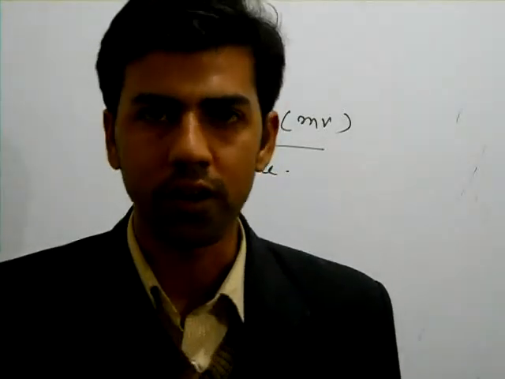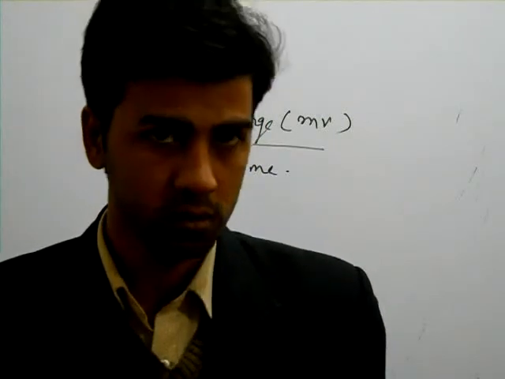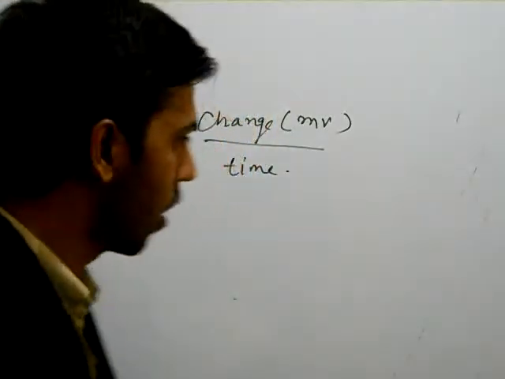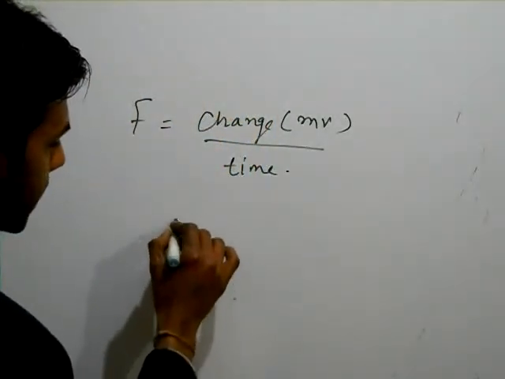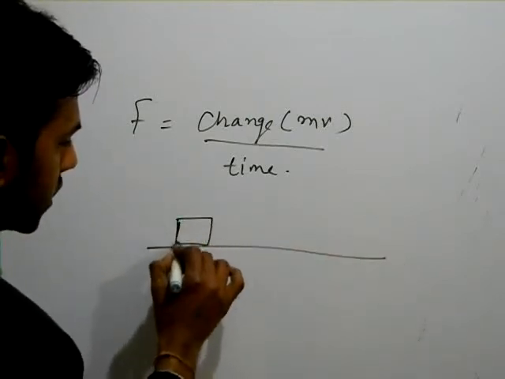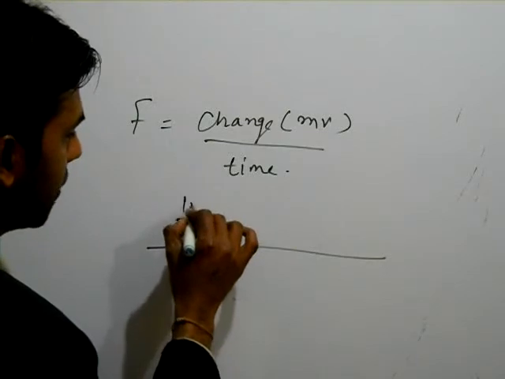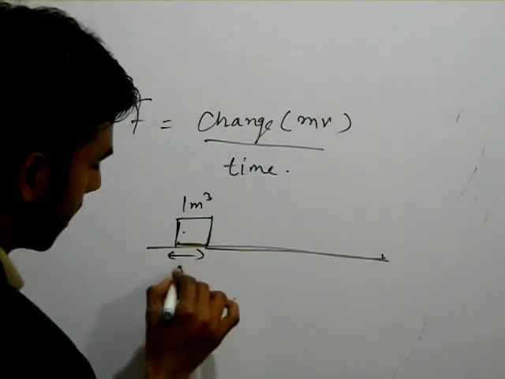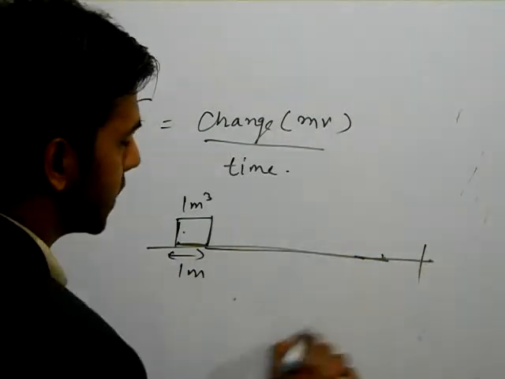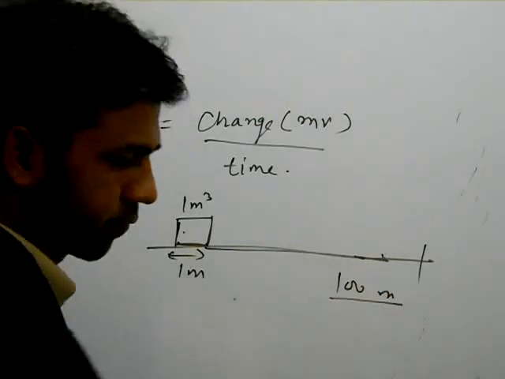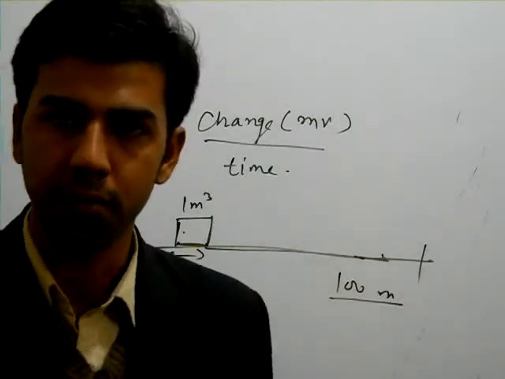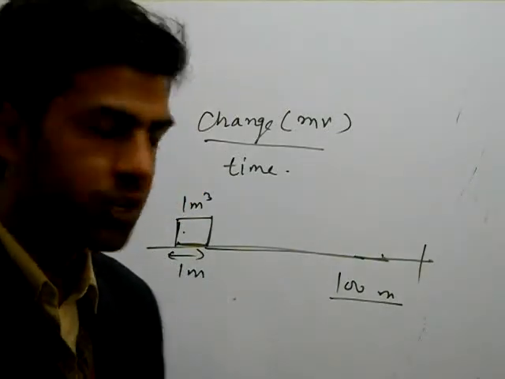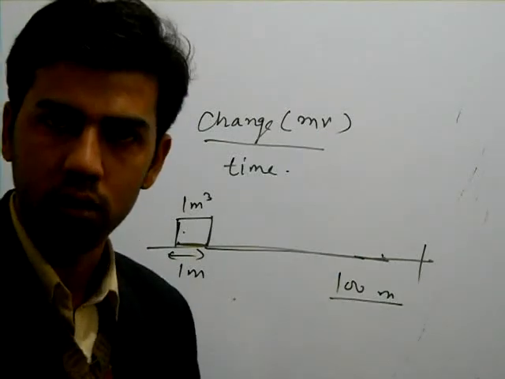Let us see which we should consider as a point and which not. Suppose an object starts from here, and we take its size as 1 meter cube in 3D, so its length is 1 meter. It goes to a distance of 100 meters. With respect to 100 meters, this object is like a point. So we have to check how much distance it is covering.